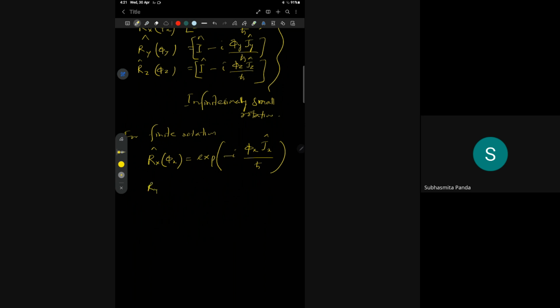And similarly, Ry of phi y and Rz of phi z are equal to exponential of minus i phi y Jy by h cross and exponential of minus i phi z Jz by h cross. All right, this is what we will get.